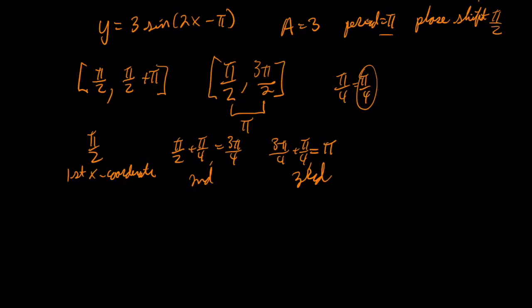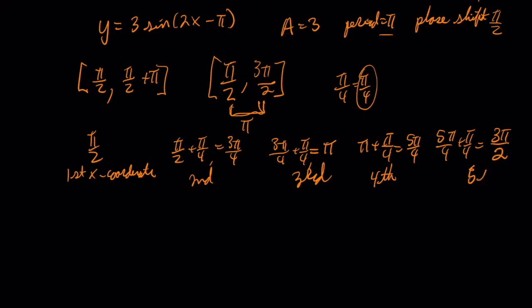Then I'm going to take pi plus pi over 4, again, because our interval was pi, and I want to find 5 points in order to graph our sinusoidal function. This gives me 5 pi over 4. This is our fourth coordinate. And our last coordinate, if I take 5 pi over 4 and add pi over 4 to it, I get back to 3 pi over 2. That's our fifth. So these are the x values we are going to want to plug into our function.